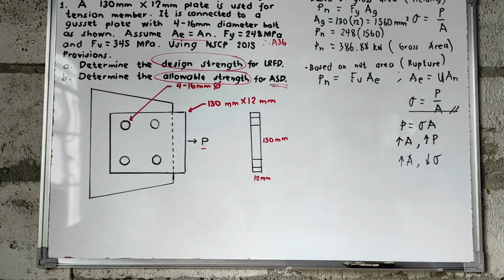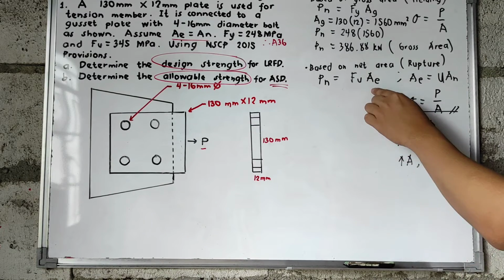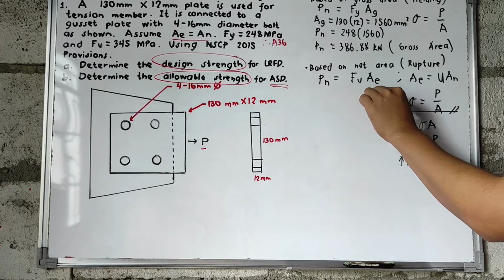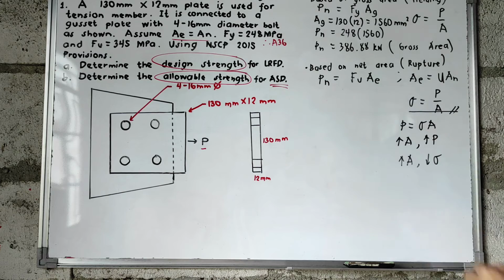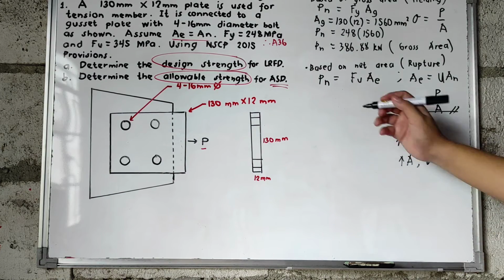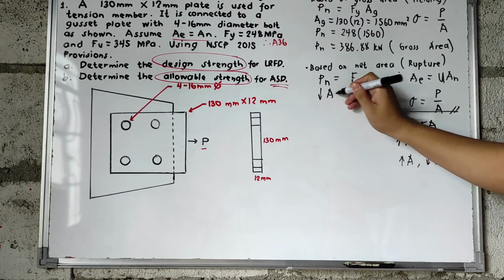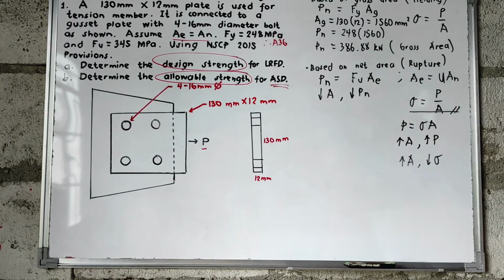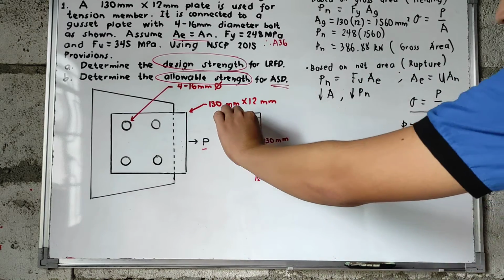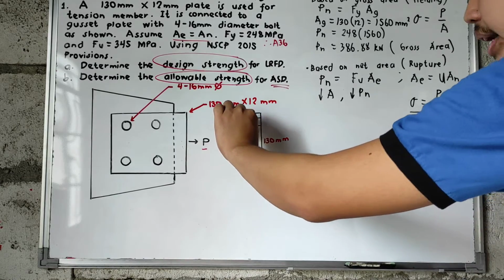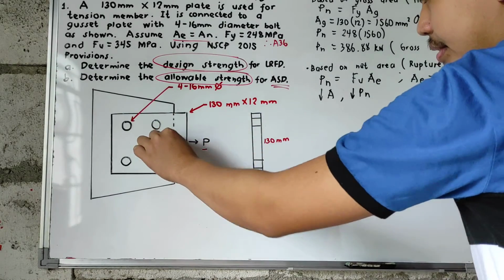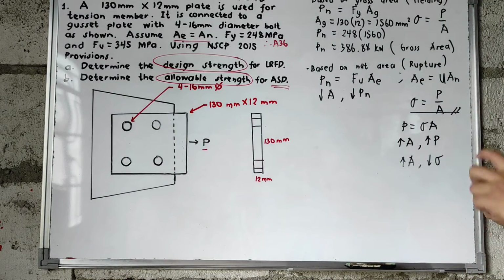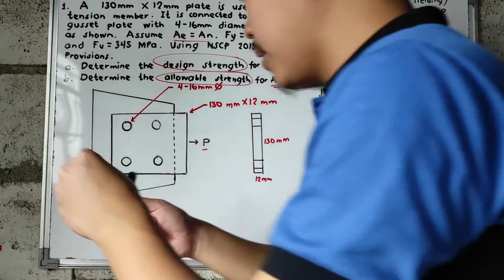So for this one, kung magde-decrease yung area natin, yung mangyayari sa value ng nominal natin, bababa. Kasi ileless na natin yung area caused by the bolts. Kasi yung consider natin dito sa net area is yung critical part.